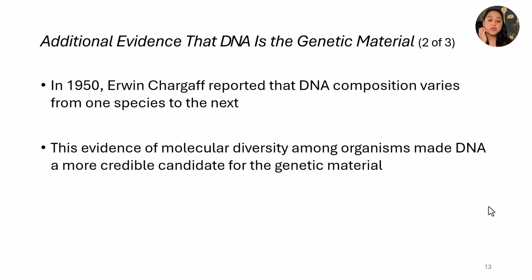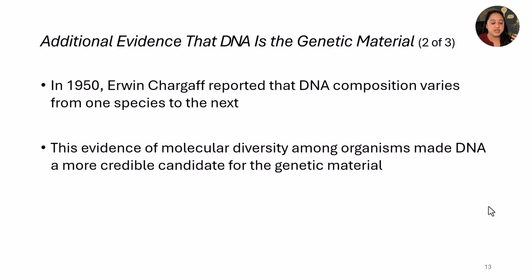Another important experiment is the one done by this guy, Chargaff. In 1950, Erwin Chargaff reported that DNA composition, so those bases A, T, G, C, varies from one species to the next. It's not that every single species uses DNA, but there are different sequences in each species.